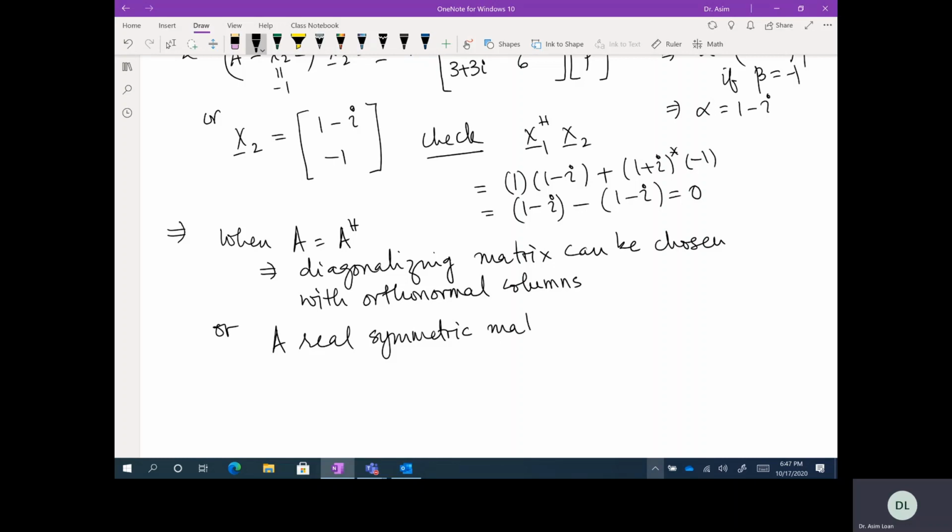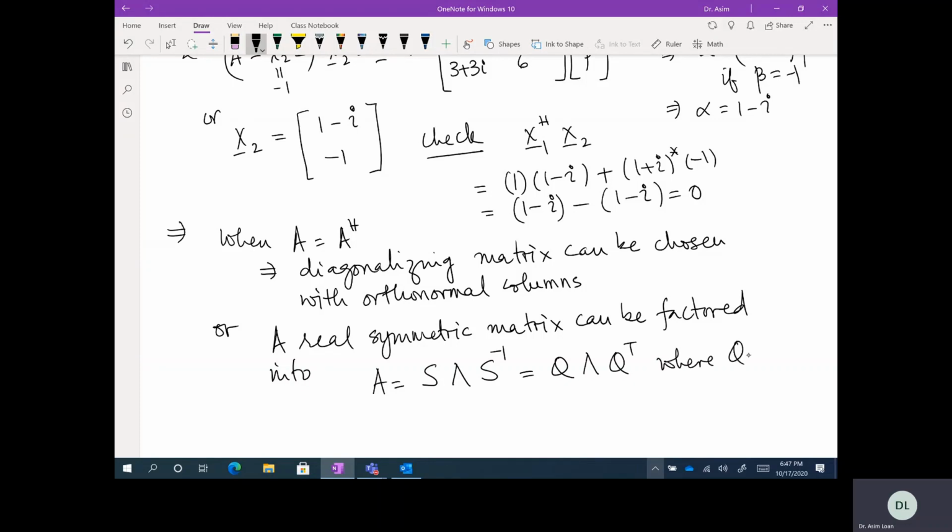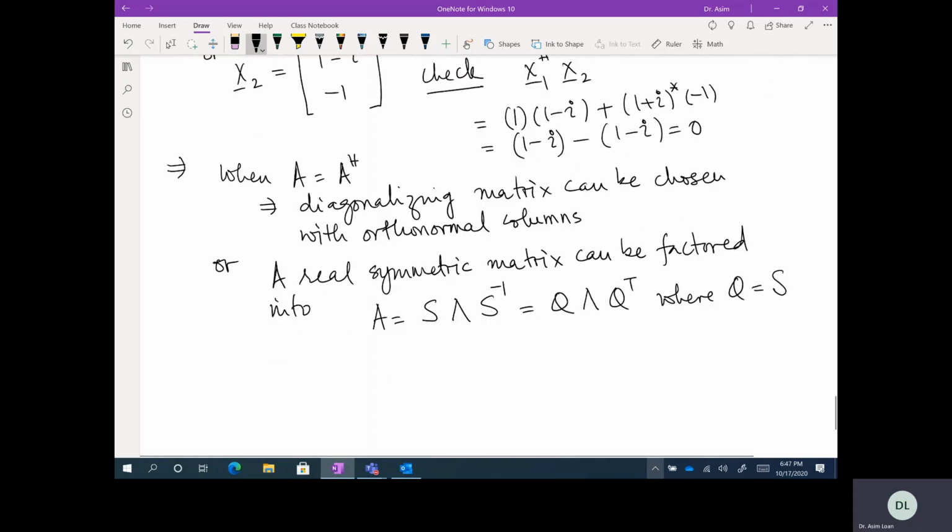A real symmetric matrix can be factored into A equals, so that was S lambda S inverse, or this is equal to Q lambda Q transpose, where Q equals S. So Q has what?